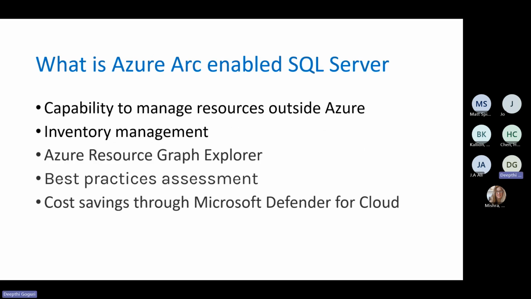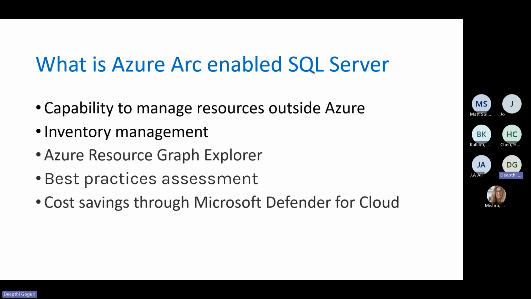So what is Azure Arc enabled SQL Server? Azure Arc is an extension where you can manage your inventory of on-prem SQL servers, wherever they are located outside of the cloud. You can make a connection from your on-prem SQL Server to Azure through some extensions.